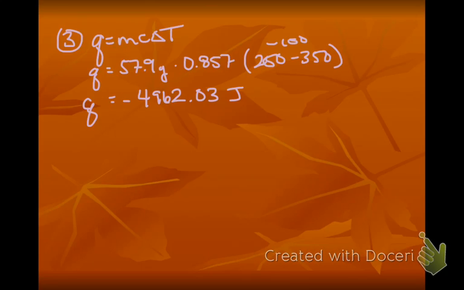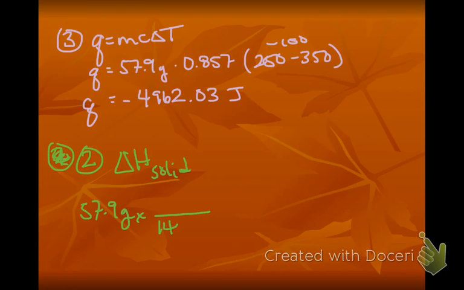And then last but not least, we have our, actually I think this should say 2. And so that is our delta H of solidification. And so we're going to start again with 57.9 grams.